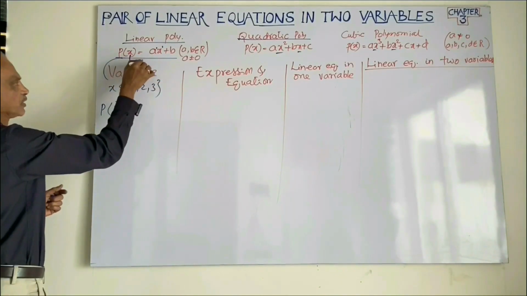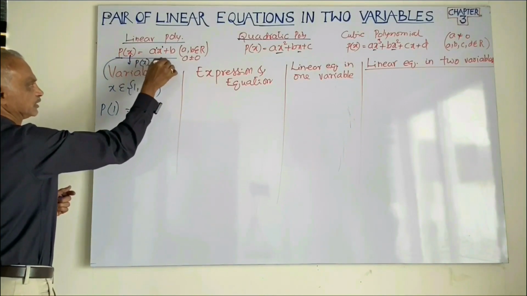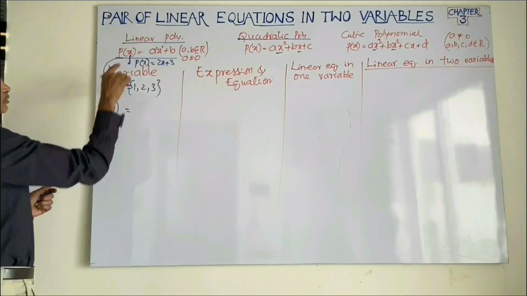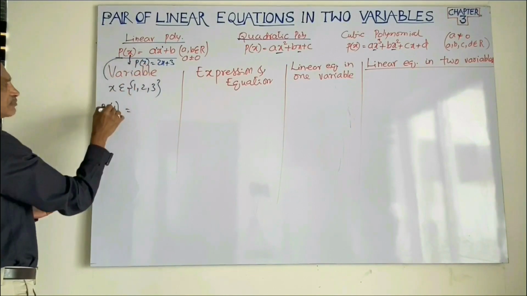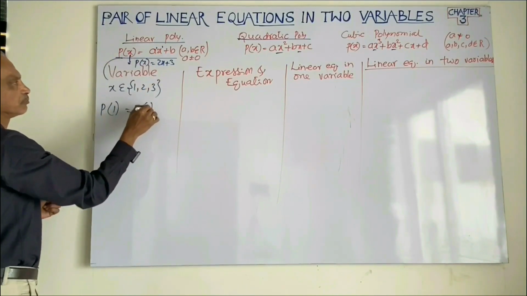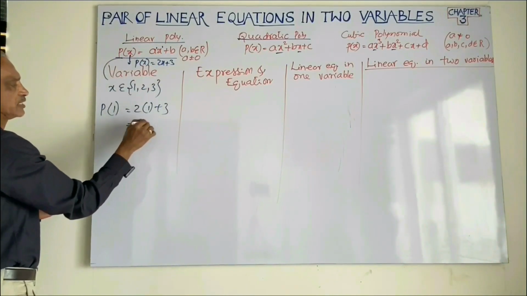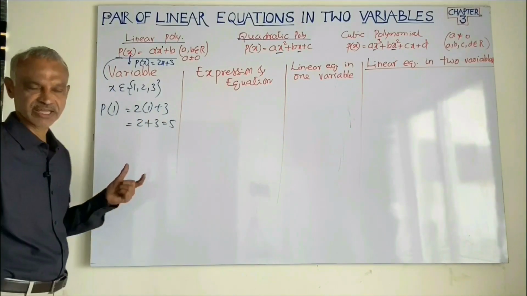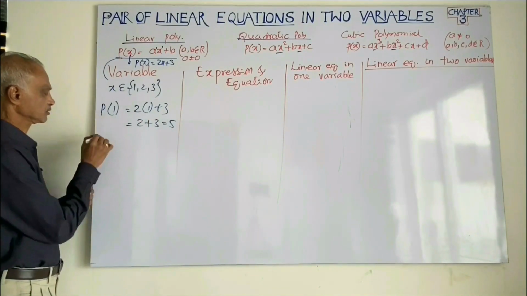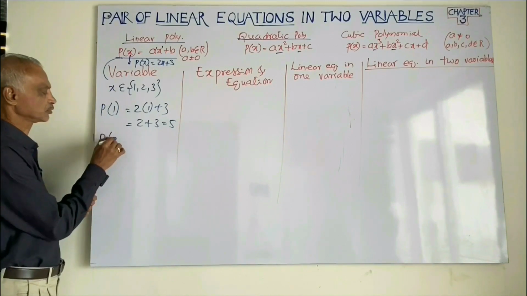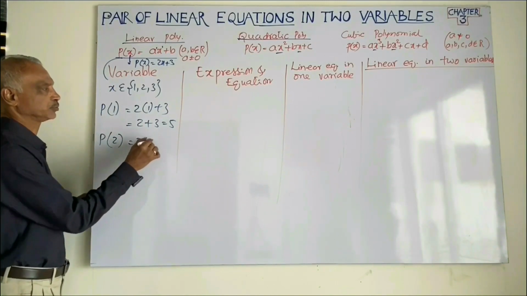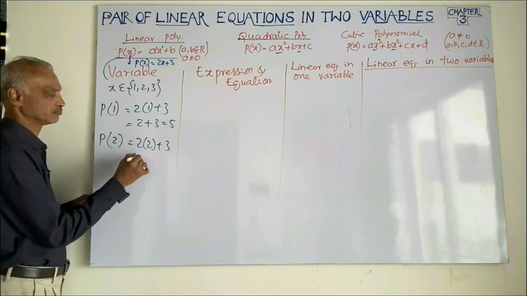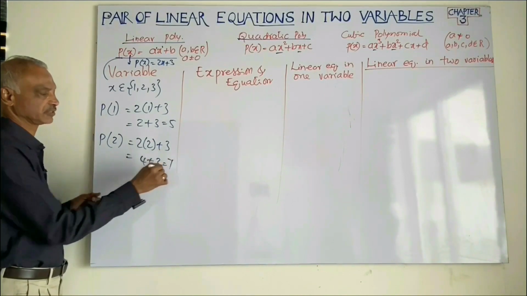Take an example, p of x is equal to 2x plus 3. Substitute the value of x as 1: 2 into 1 plus 3, 2 plus 3, you are getting 5. Now, in place of x, substitute 2: 2 into 2 plus 3, 2 twos are 4, 4 plus 3, 7 you are getting.